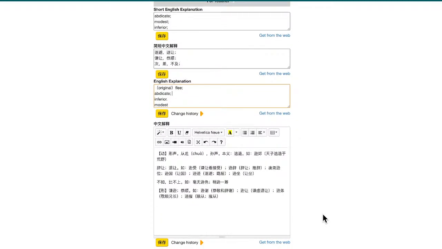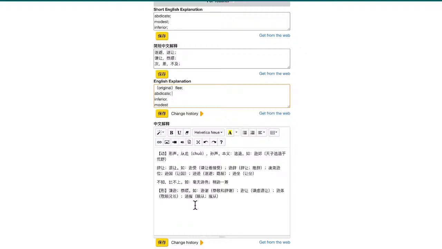And 训位, 训国 means that you're rejecting or not wanting to take it. So avoid, that's called 训.